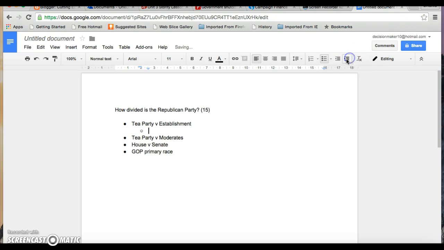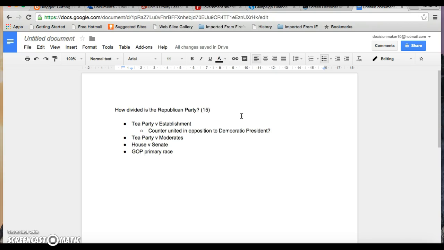I mean, it wouldn't be essential, but maybe I could say counter: united in opposition to Democratic president, as we saw with Boehner's unity in opposition to Obama. Okay.